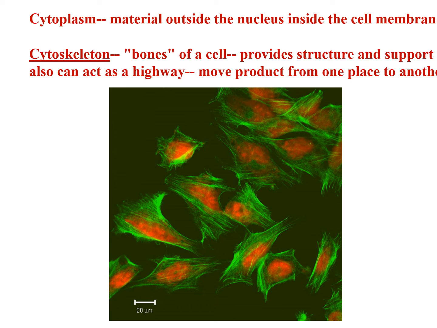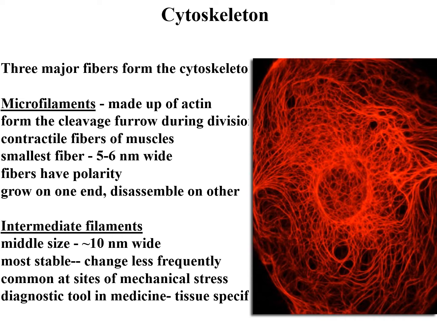The cytoskeleton also provides a rigid structure, the bones of the cell, so it is also a very important organelle. In the cytoskeleton you can see the major fibers. Microfilaments are the smallest fibers, 5 to 6 nanometers wide, having polarity.